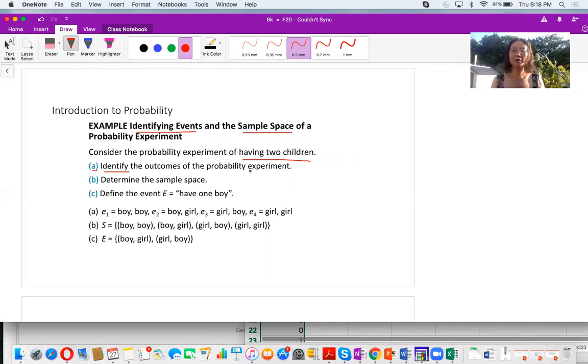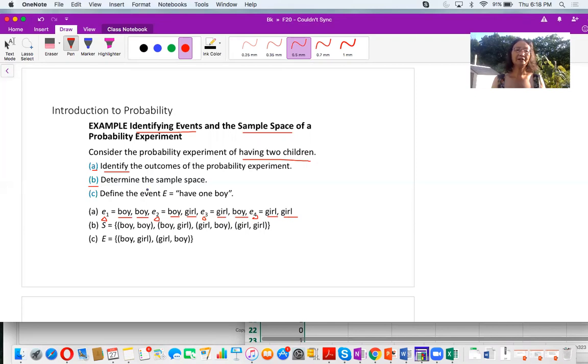So when a couple gives birth to 2 children, the outcome could be boy, boy. That is one outcome, E1. The outcome could be boy, girl. Another outcome, E2. Could be girl, boy. Outcome E3. Could be girl, girl. Outcome E4. So the outcomes are E1, E2, E3, E4.